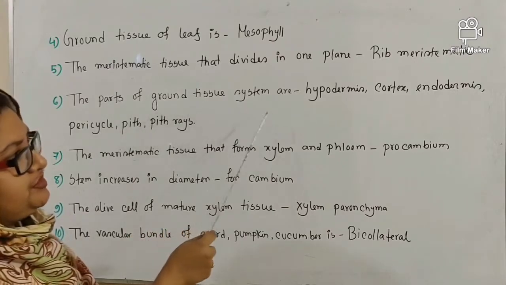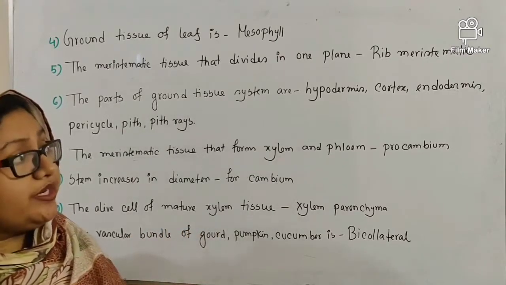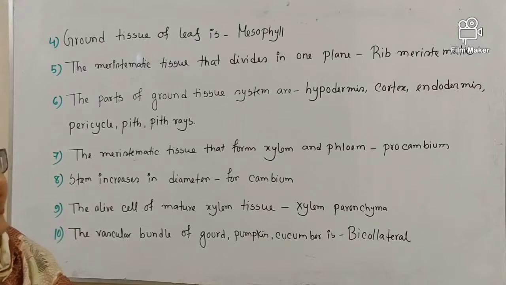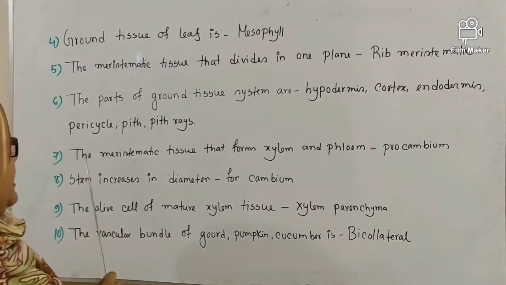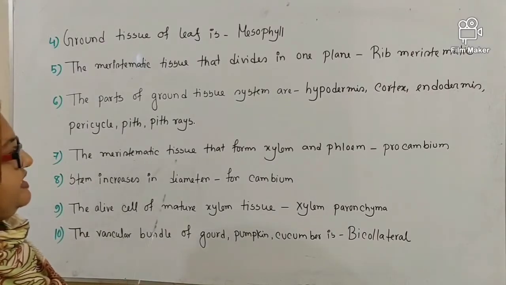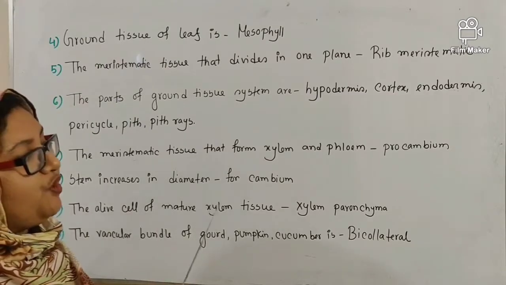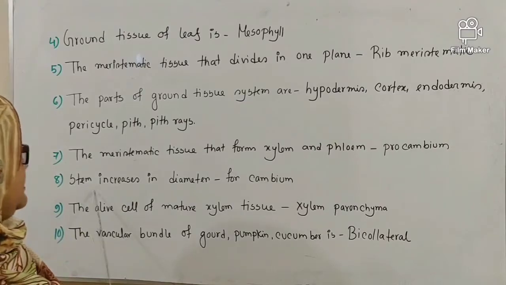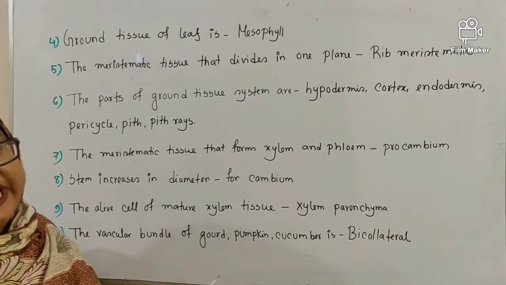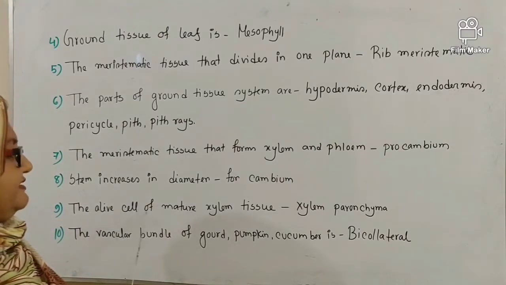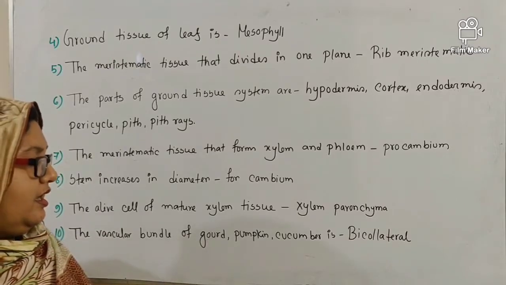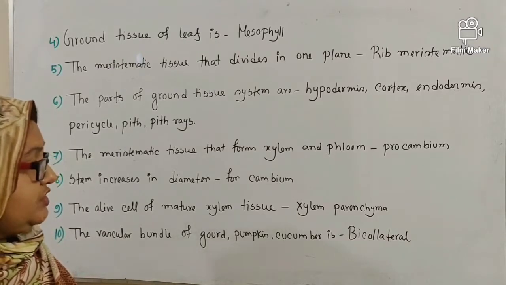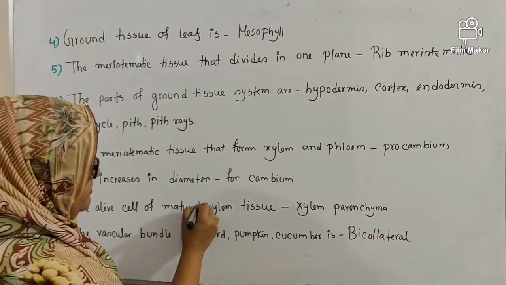The parts of the ground tissue system are hypodermis, cortex, endodermis, pith, pith rays, and pericycle. The meristematic tissue that forms the xylem and phloem is known as procambium. The stem increases in diameter due to cambium. The living cell of mature xylem tissue is called xylem parenchyma.